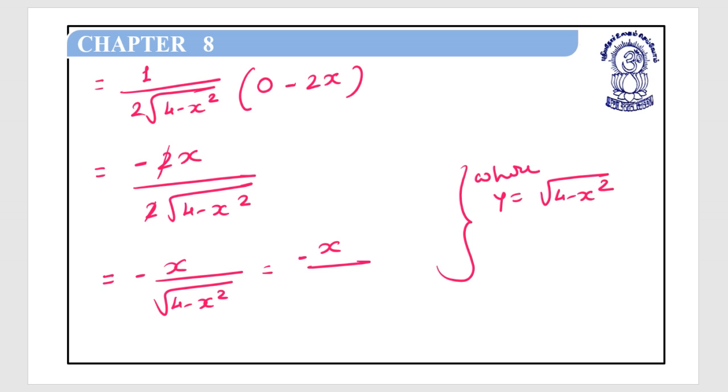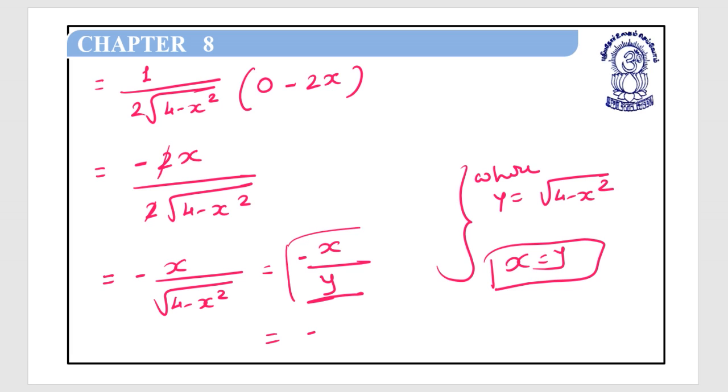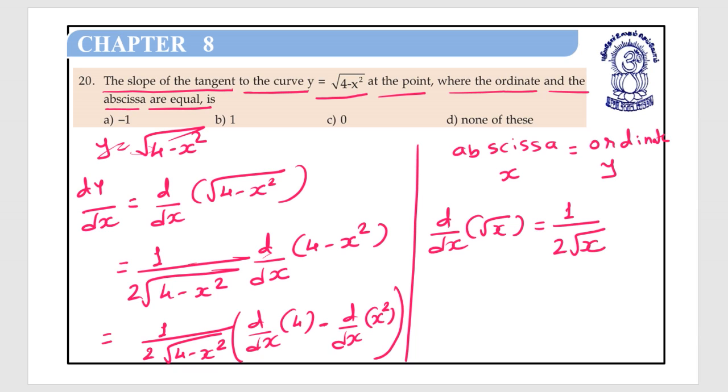So put the y, and x or y both are equal. This is mentioned, so we can write y is equal to x in this equation. So minus x by x is equal to minus 1. Now check the options. Minus 1. So option A is the right answer. Minus 1 is the answer.